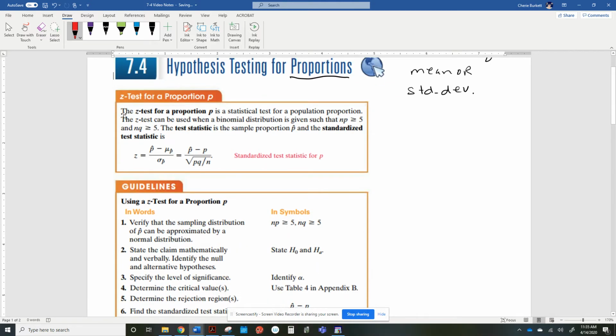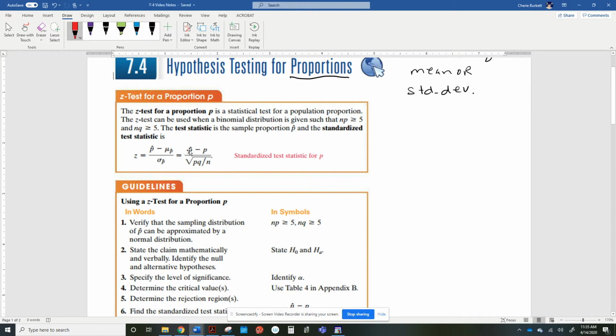And because we're dealing with a proportion, it'll be a one sample proportion. We are going to be using a z value, so you're probably going to need your z table. And this is the formula right here.